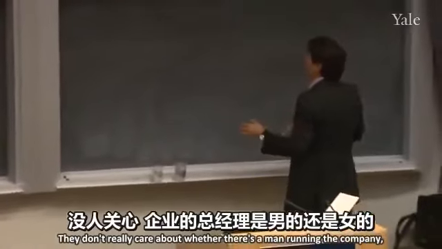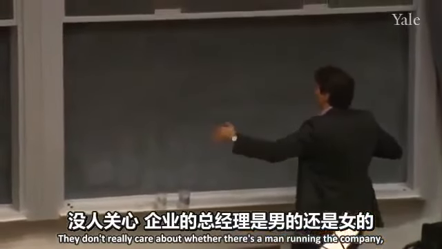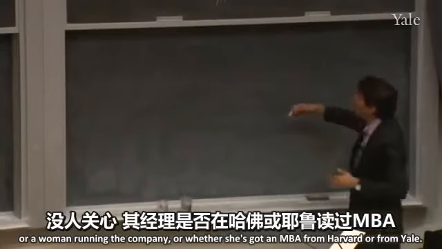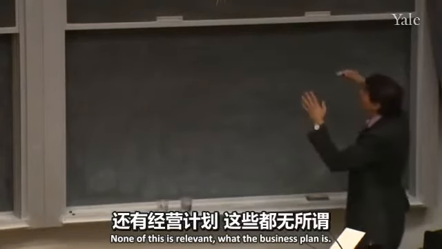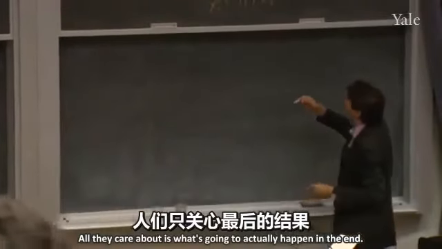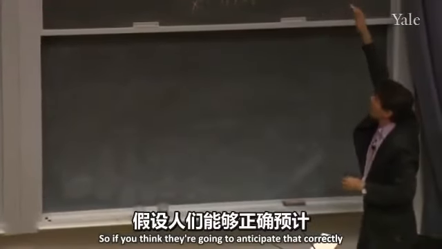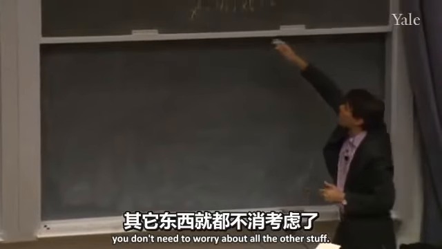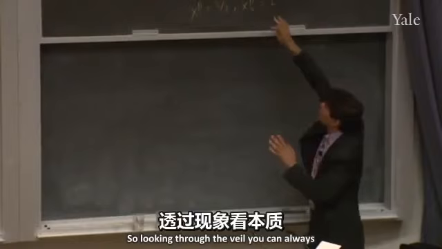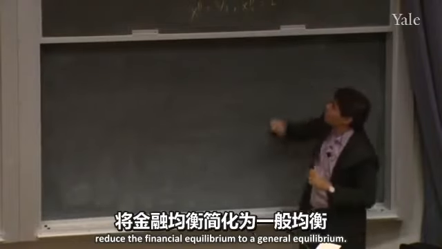They don't really care about whether there's a man or a woman running the company, or whether she's got an MBA from Harvard or from Yale, or none of that's irrelevant. You know, what the business plan is, all they care about is what's going to actually happen in the end. So if you think they're going to anticipate that correctly, you don't need to worry about all the other stuff. So looking through the veil, you can always reduce a financial equilibrium to a general equilibrium.